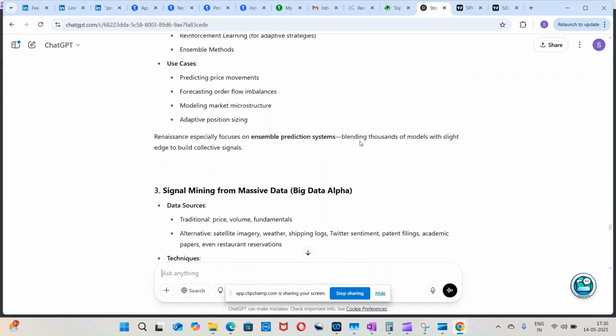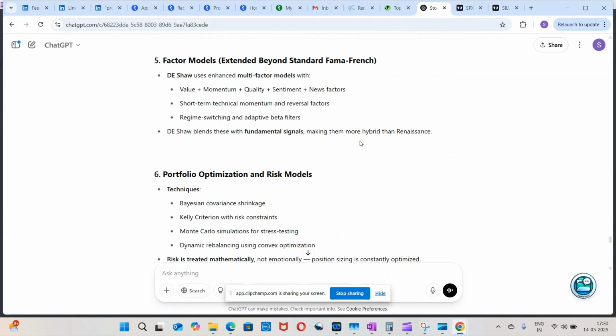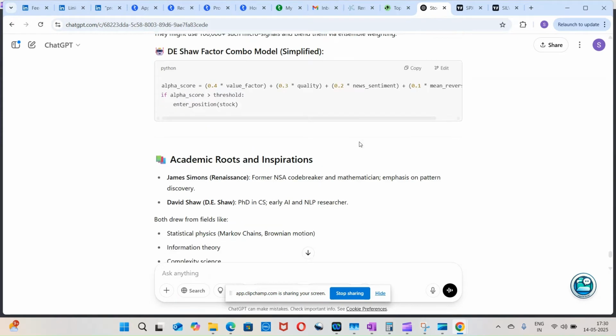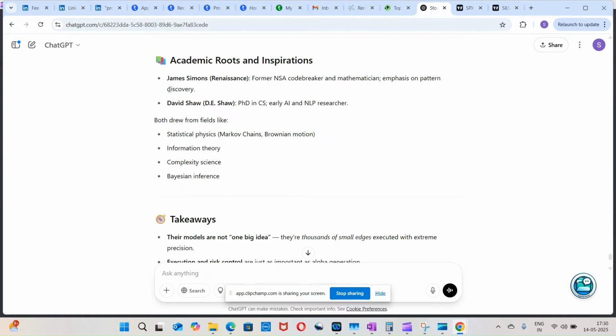So who is the person who invented this Renaissance fund? Let's talk about that first, so that we know what we are talking about. James Simons is the person. He was a professor at MIT, a former NSA code breaker, and an excellent mathematician. His emphasis was on pattern discovery.